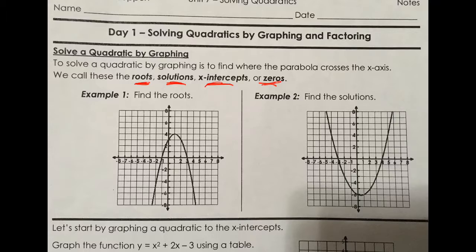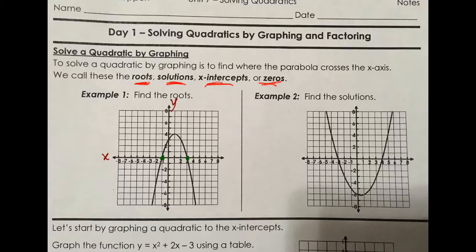So all we're looking for is where it cuts through the x-axis. Hopefully you know where the x-axis is, but if you don't, there's your x and here is your y. On this particular function, it is cutting through right there and right there.